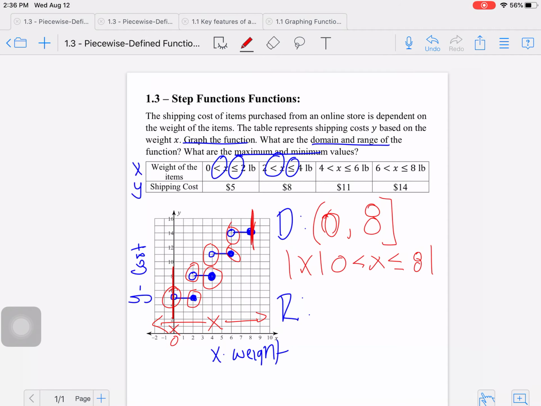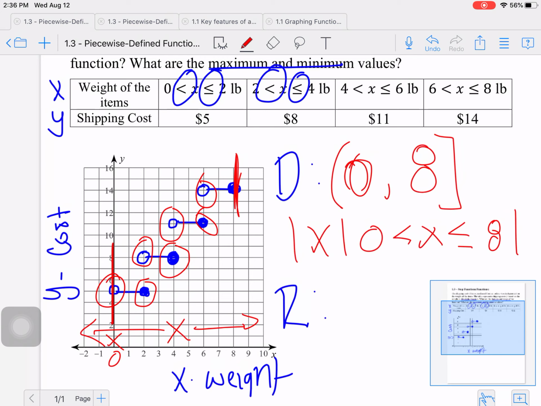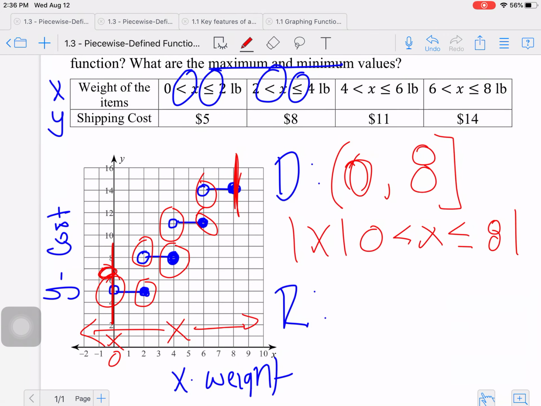there's steps and I'm basically jumping from one step to the other. Your range is not continuous, so what it means is you actually have to lift your pencil to go from one step to the other, which means that it's not continuous. So my range is actually going to be values.